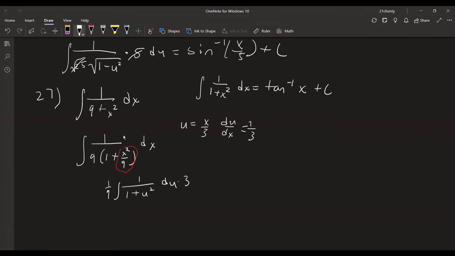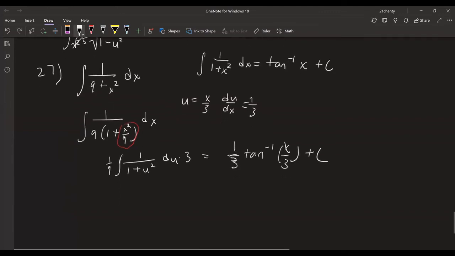So then the 3 over the 9 is just 1/3. So this becomes 1/3 times arctangent of u. And since u is x over 3, we do this, and that is our answer. There. Cool.